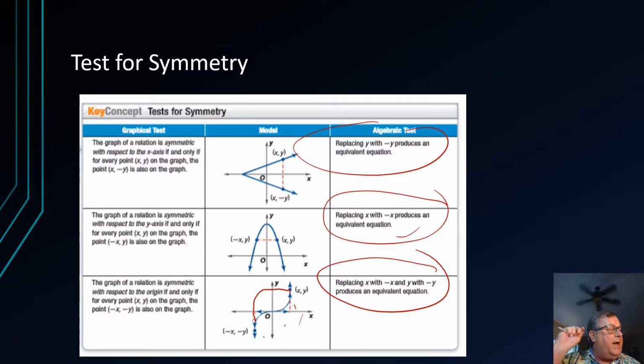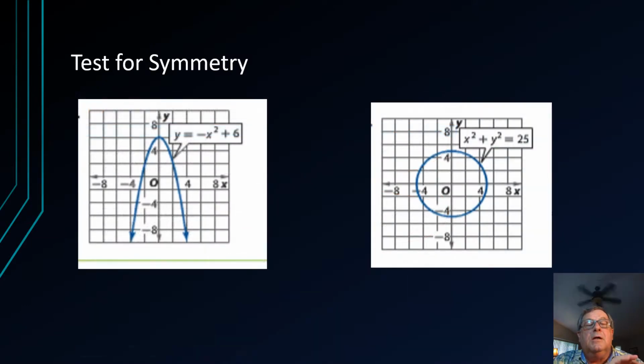So let's look at a couple here and see if we can determine the symmetry. In this first graph, which is the equation negative x squared plus 6, I look at that graph and think, well, what if I folded it along the y-axis?